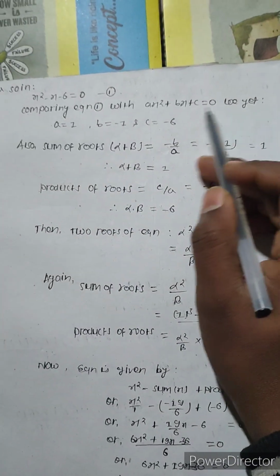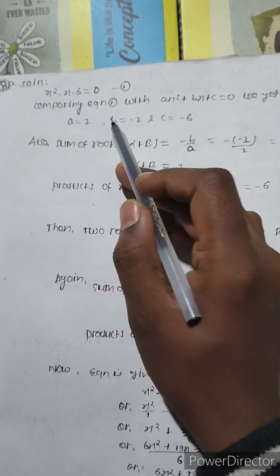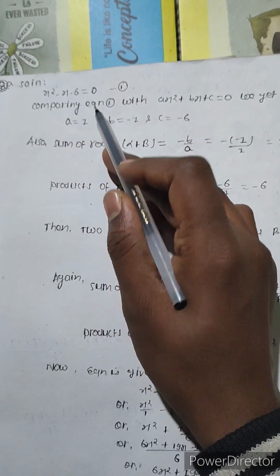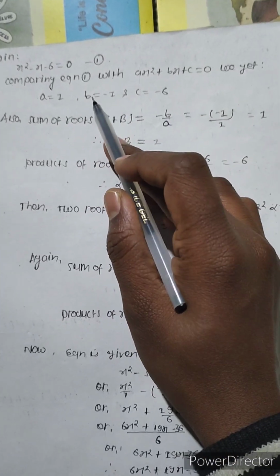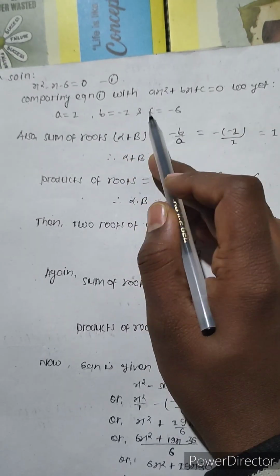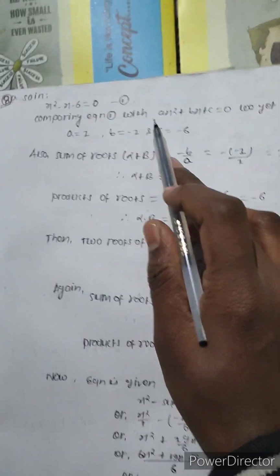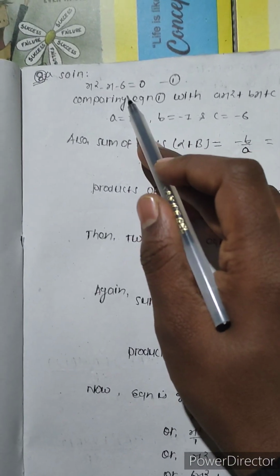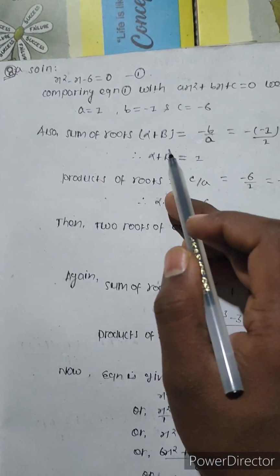Then we get a equal to 1, because the coefficient of x square is 1. The coefficient of x is minus 1, so b is minus 1, and c is minus 6, because c is the constant term.